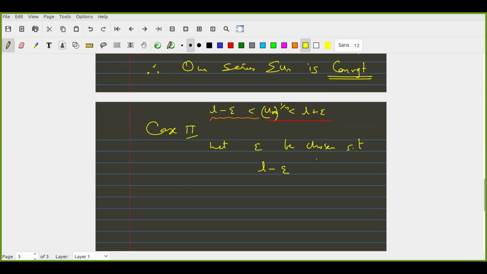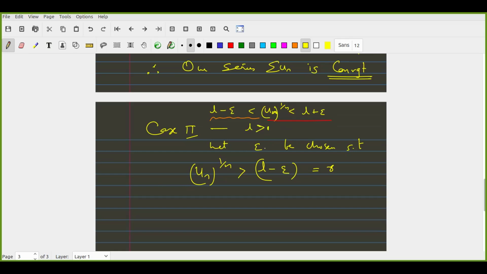So chosen such that un power 1 by n is greater than L minus epsilon, and let us call it some r. Now, we know for case 2, L itself is greater than 1.